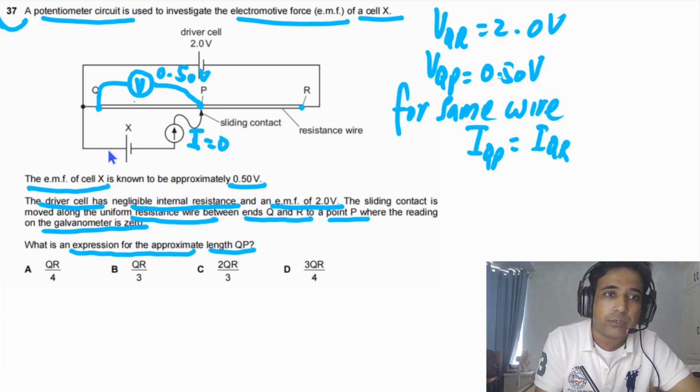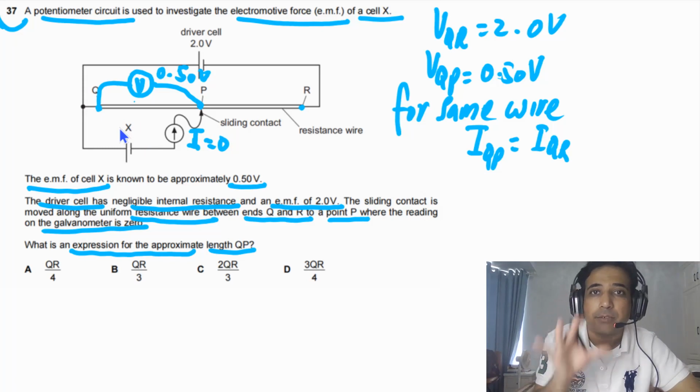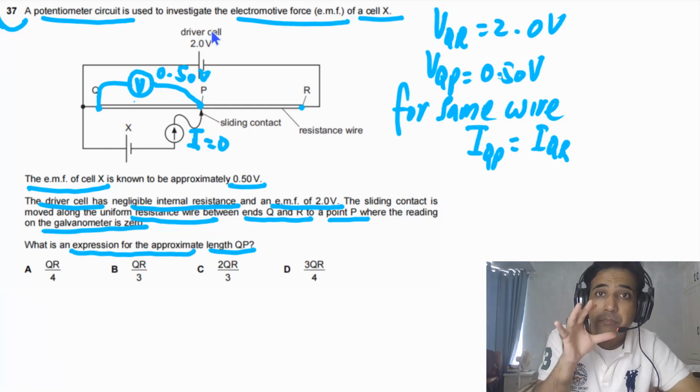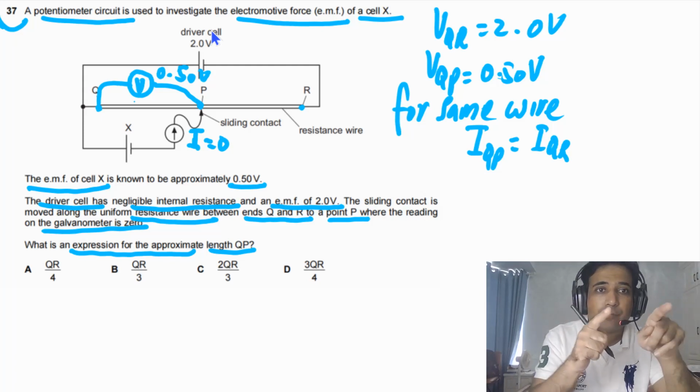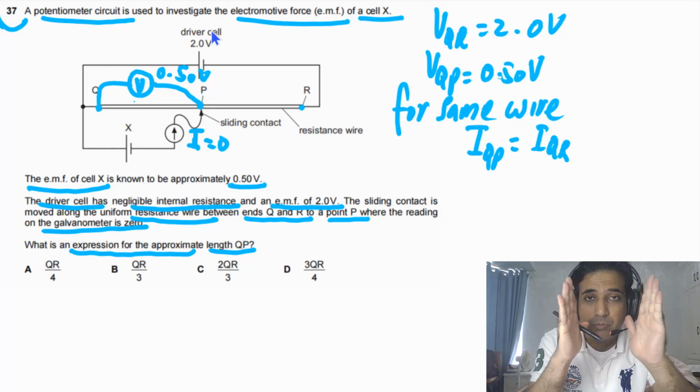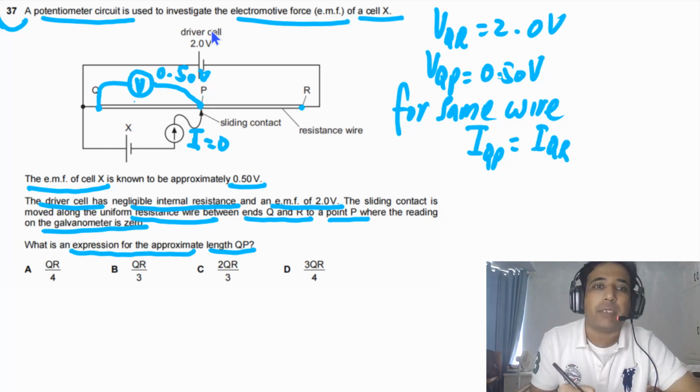But the internal resistance of the driver cell does matter. If the driver cell has internal resistance, you have to take the terminal potential difference across the driver cell. That's a very important point.